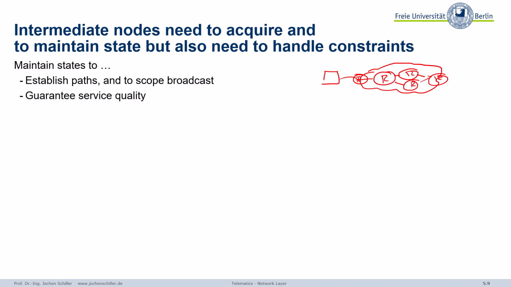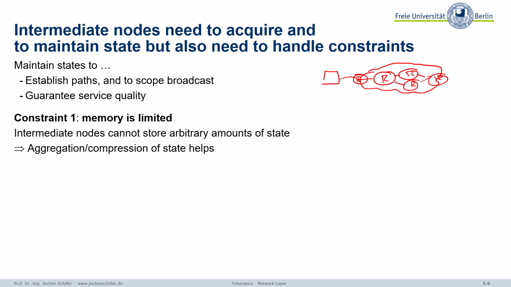Okay, so they need some knowledge at least inside the network. But we want to limit it. Why? Memory is limited. So you cannot store arbitrary amount of state. So you cannot learn what is the topology of the internet, or where are all the destinations, where are all the hosts, where are all the subnets, etc. So we have to aggregate, we have to compress state.